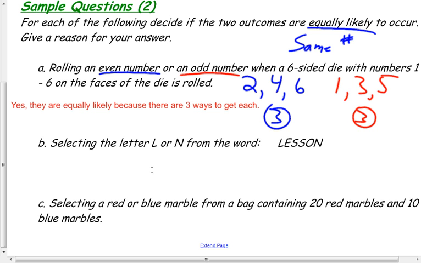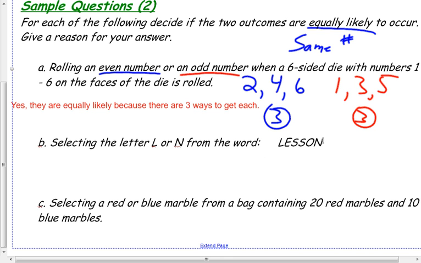Question B says selecting a letter, the L or N, from the word lesson. Well, if you'll notice, there's only one L in here. There's only one N in here, right? So again, I would say yes, they are equally likely.